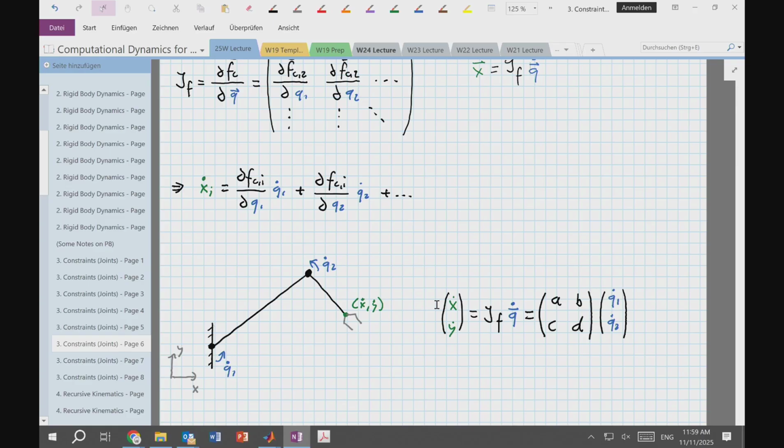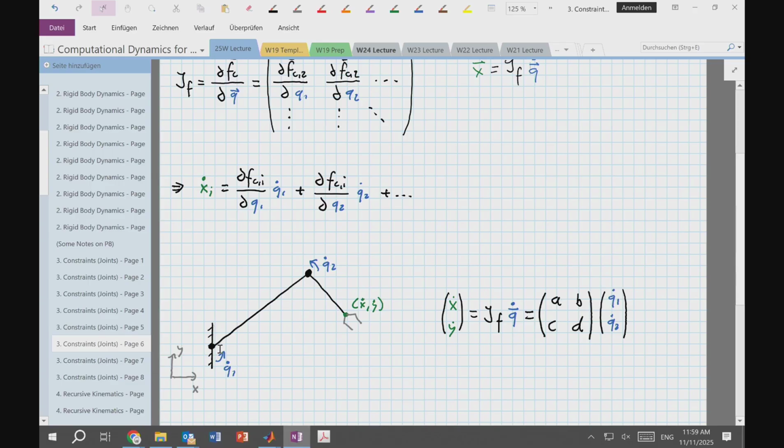Now, can I try to geometrically understand what these components, these entries in my Jacobian, mean? I can do this by thought experiment. I simply imagine that q1 dot is equal to 0.